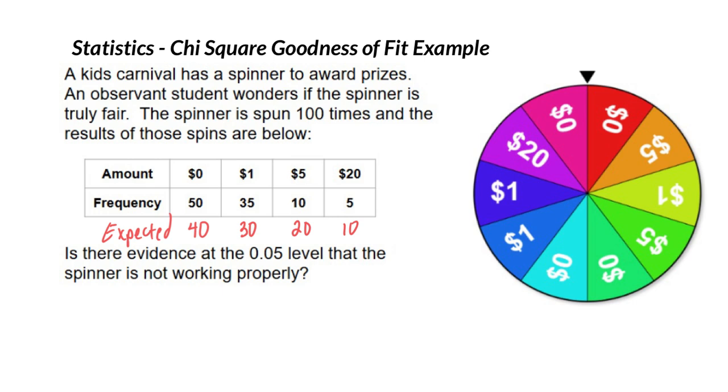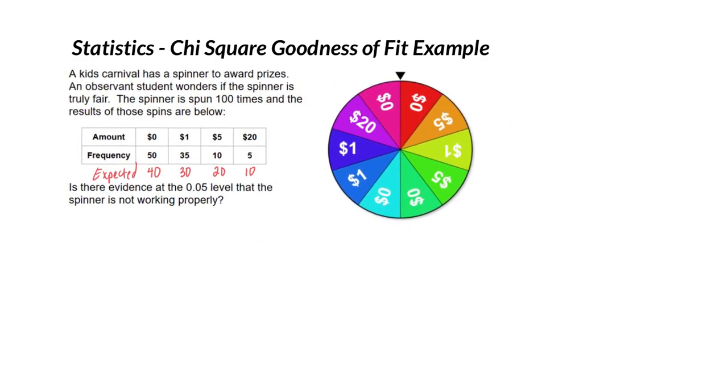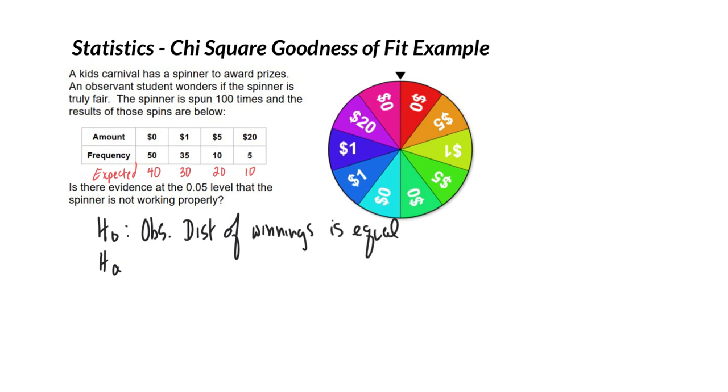So, is there evidence at the 0.05 level that the spinner is not working properly? Well, I'm going to shrink this down for a second, and let's do this hypothesis test. This is the chi-square goodness of fit. Our null hypothesis is that the observed distribution of, in this case, winnings is equal to our expected distribution of winnings.